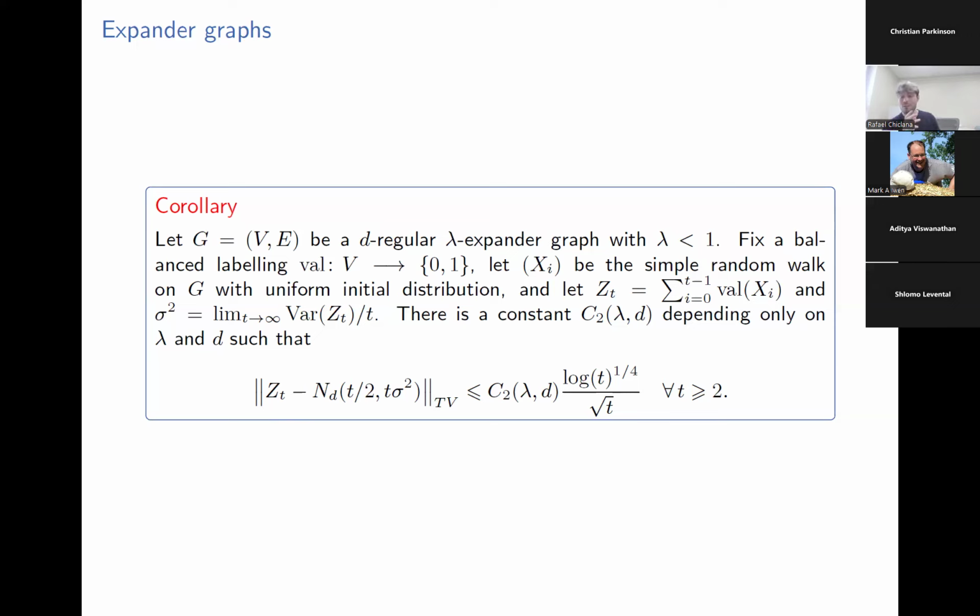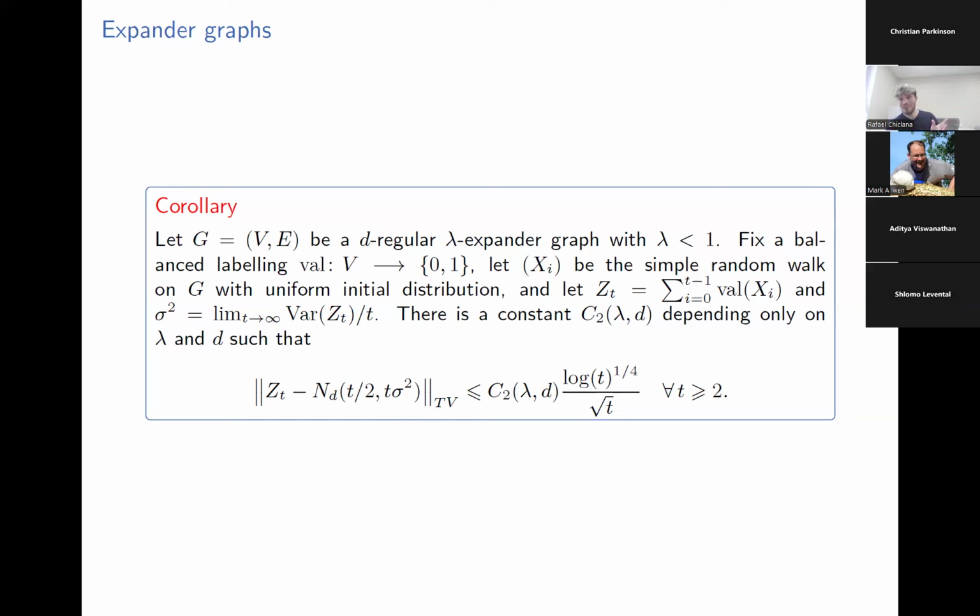The variance of the binomial is 1 over 4 times t. The variance for the random walk is what we have called sigma, so it's some number. Is this number equal to 1 over 4? The answer is it doesn't have to be, so not in general.